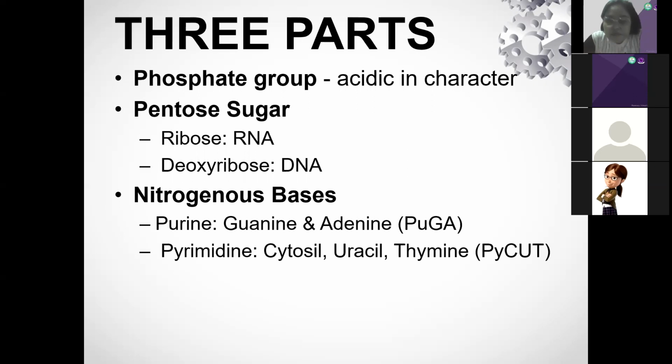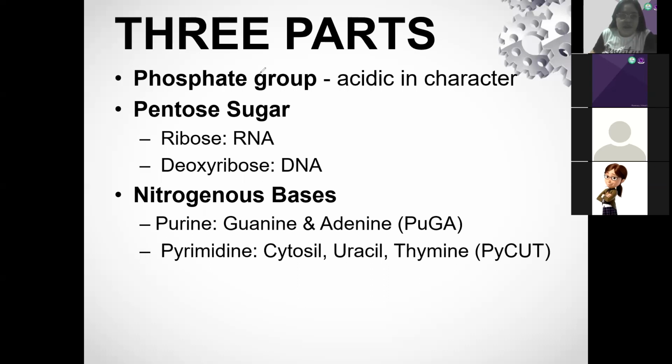Now, the third part for our nucleic acid is the nitrogenous base or the nitrogenous bases, in which we have two types, the purine and the pyrimidine. For purine, either we use the mnemonic spuga or purga. Purine is guanine and adenine. And for pyrimidine, we have the picat, cytosine.